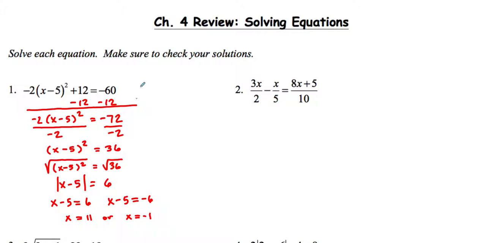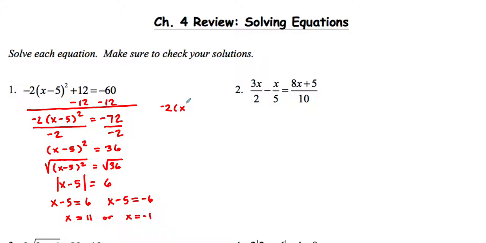I wanted to quickly describe another way for solving it. If you wanted to, you could FOIL out the x minus 5 squared, then distribute your negative 2 through, then simplify and factor. I'll do that real quick here so you can see it. So if you chose to FOIL this first, like I said, it's going to have to be your decision which way you do it.